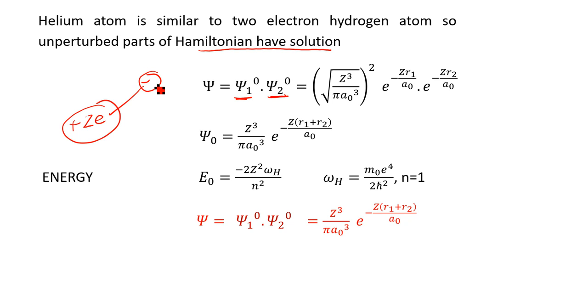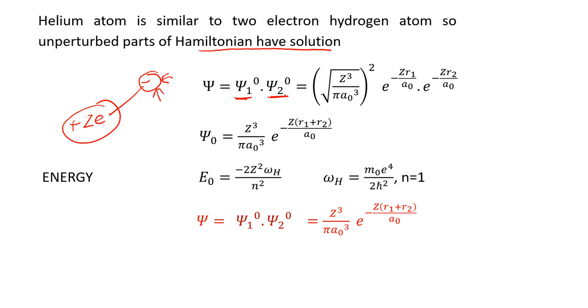So the Schrodinger equation is written for the electron, and its solution gives the wave function associated with the moving electron.